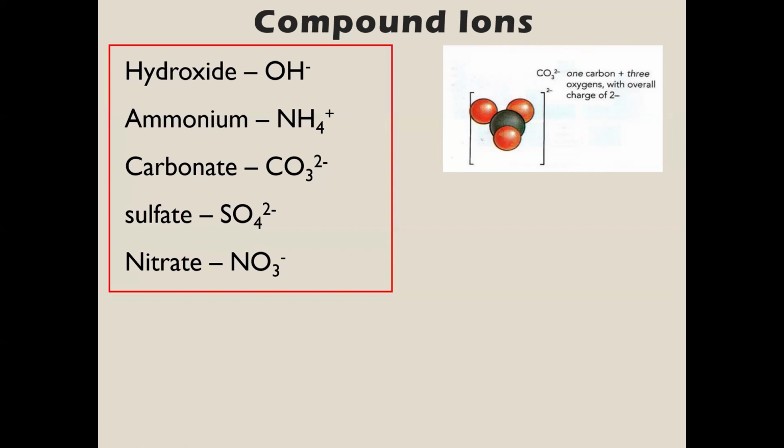For example, we have CO3. The valency of C is 4, the outermost electrons. And the valency of oxygen, every oxygen, is 2.